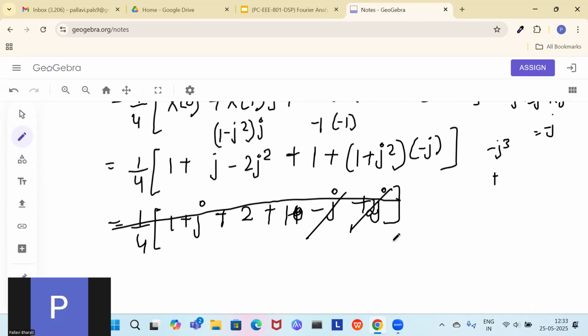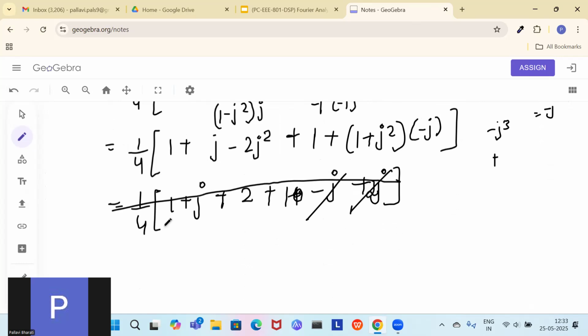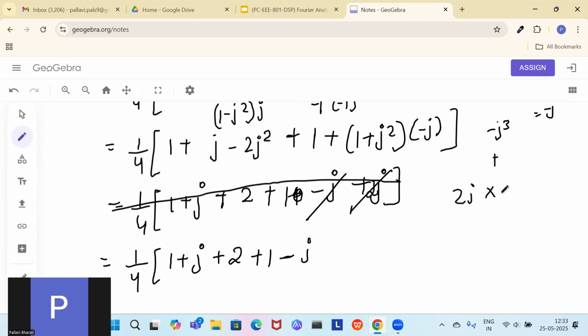Let us write it once more. So this is 1 by 4, 1 plus j plus 2 plus 1 minus j minus 2j square. This is minus j and this is 2j into minus j.